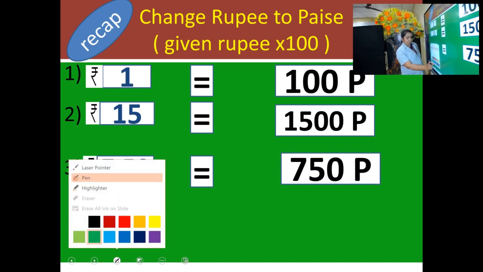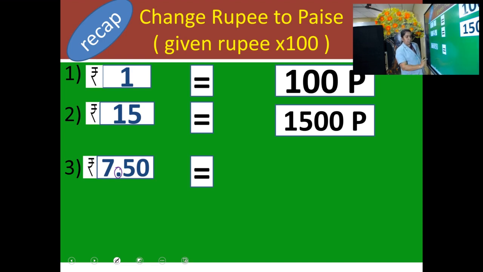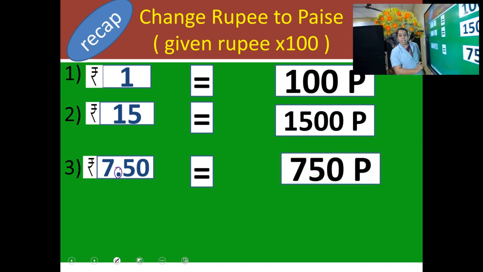So convert into paisa. If there is a point, you have to remove this point. Then you have to write these three numbers together without any space. Is it clear? So your answer is 750 paisa.